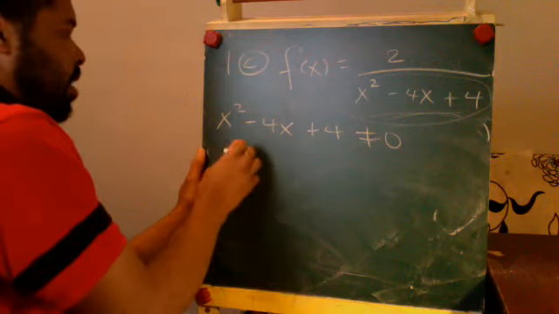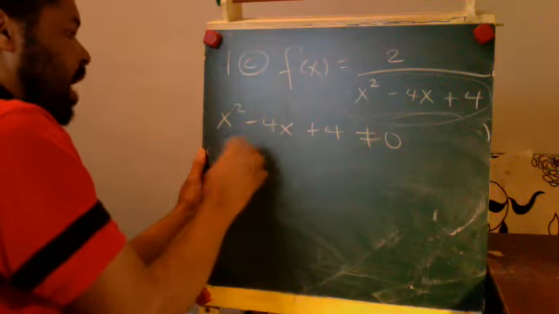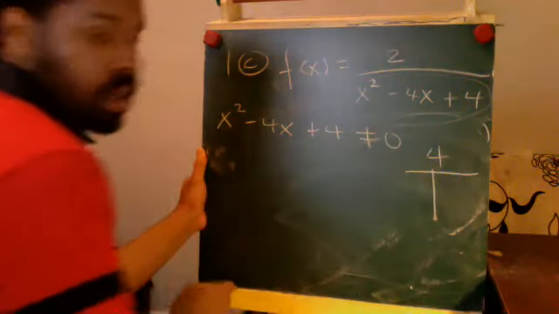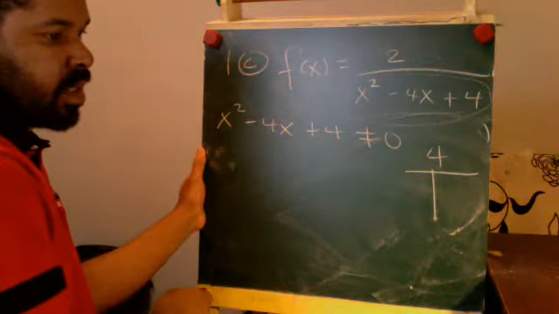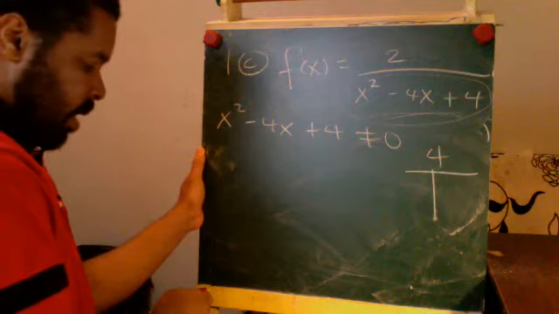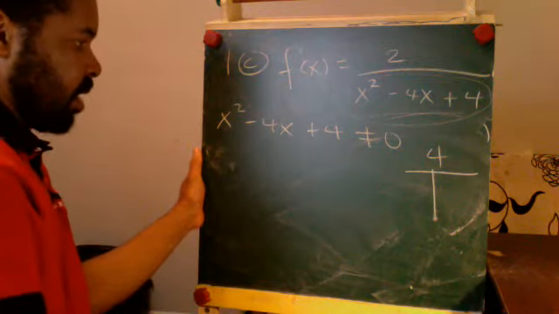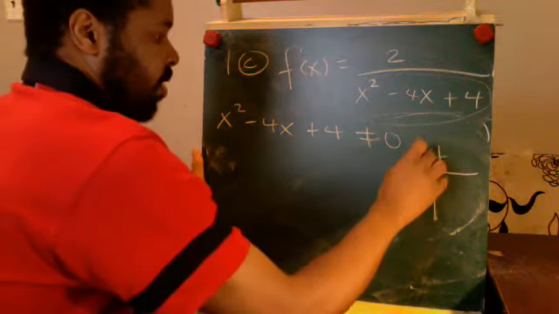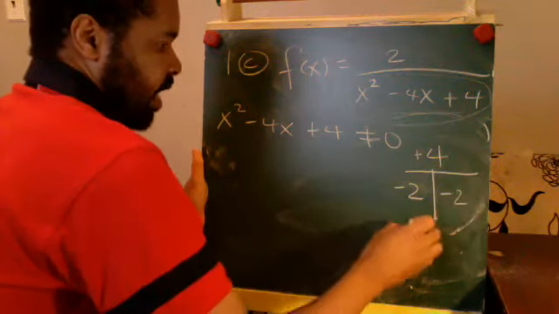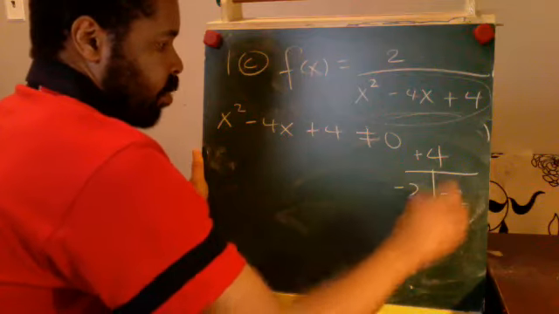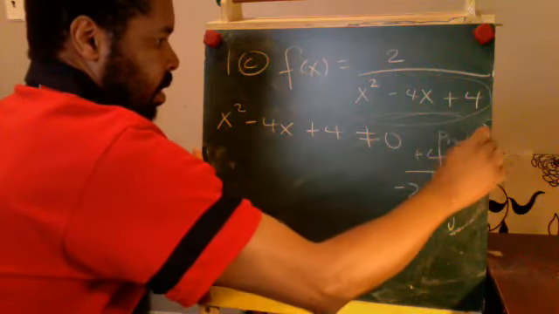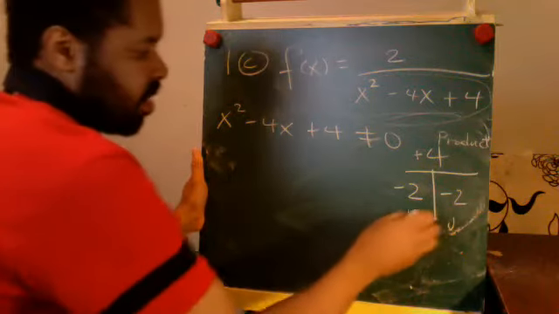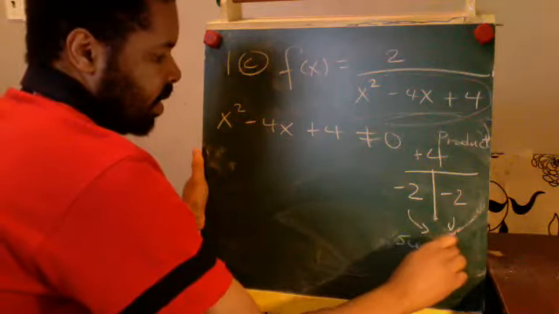And so what we have here is, if you factor this, you should look for 2 numbers that multiply to give you positive 4, and add to give you a -4. So the product is positive 4, and the sum is -4.